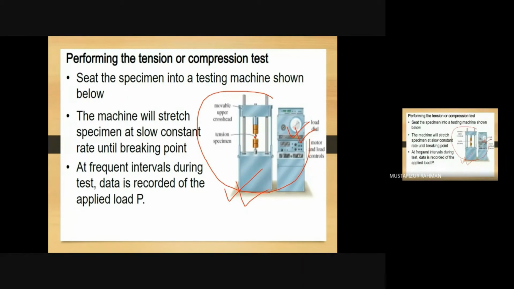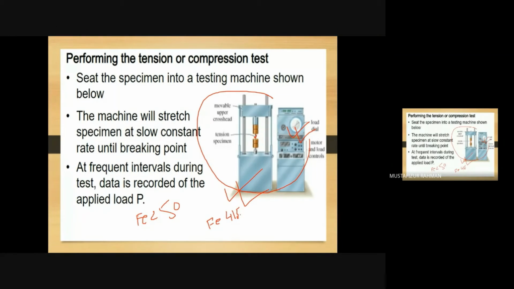We have different types of steel, like Fe 250, Fe 415, Fe 500, Fe 500 SD. All those materials we can test here to find the percentage elongation.